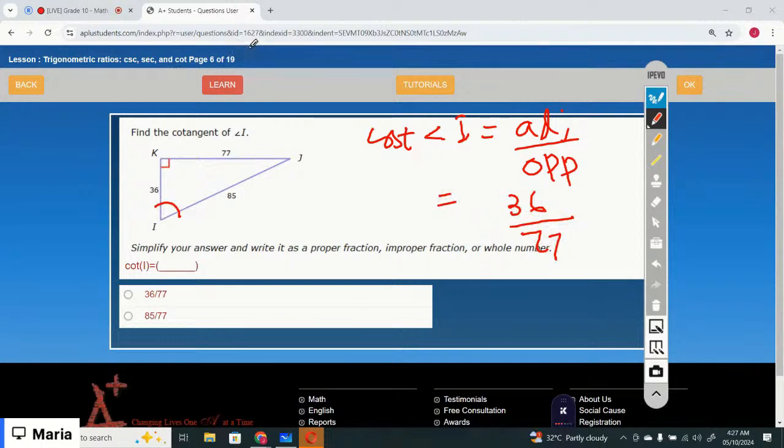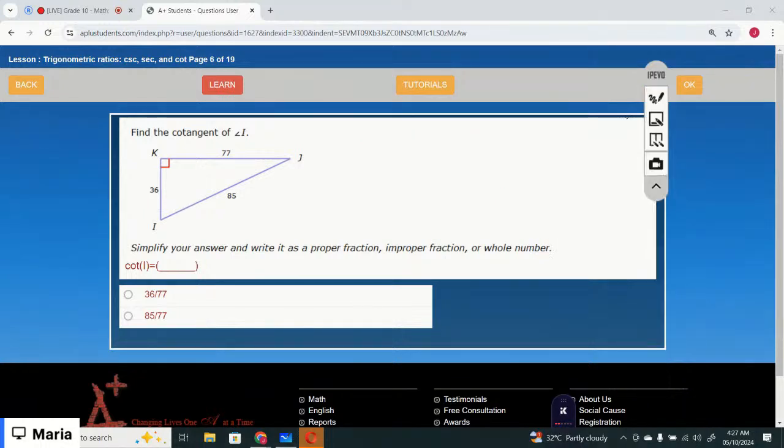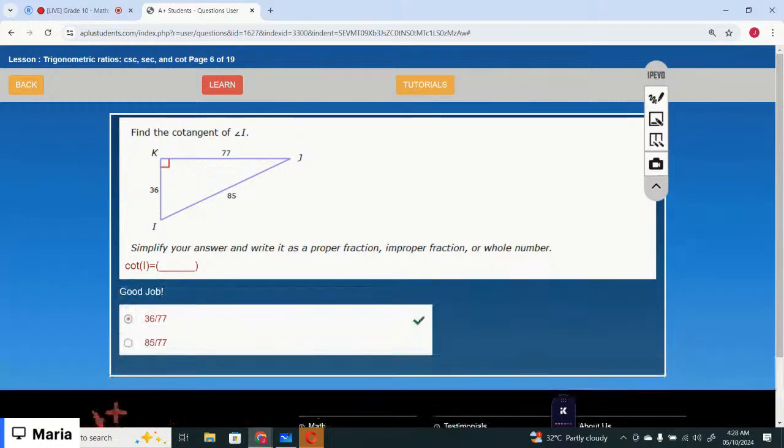Got it? Option number 1, that is 36 by 77, is the correct option, right?